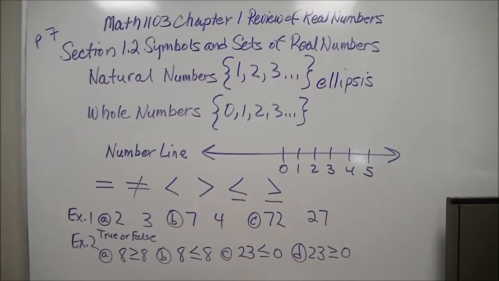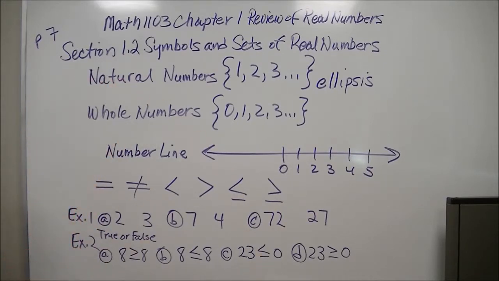Now what I'm going to do for this class of Math 1103, I'm going to produce these short, hopefully they're short, videotapes, place them on YouTube, and it will review the lesson that comes from the textbook, in this case page 7.